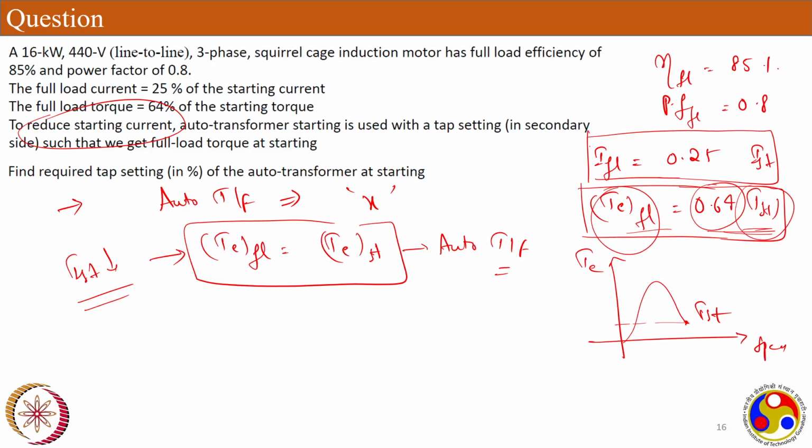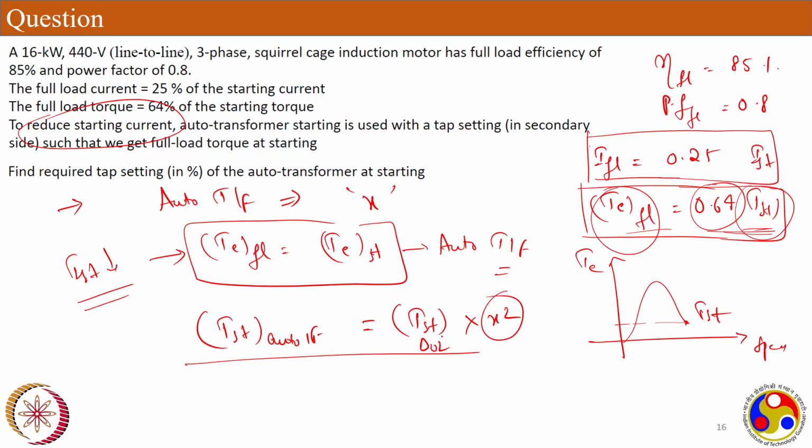It's simple if you see the relation in the torques, how they are going to improve. The starting torque in auto transformer is equal to the starting torque in DOL multiplied by X square. So you remember this, right? X is here the tap ratio, of course. We know the relation between these two.